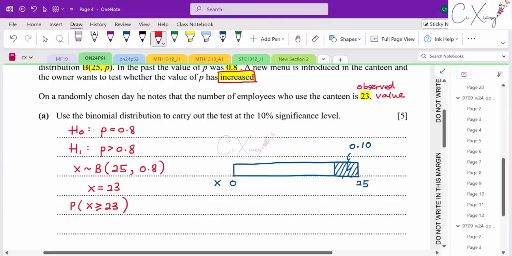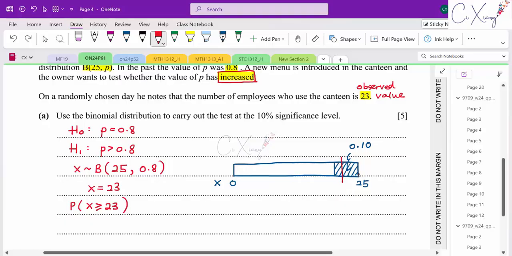If I have 23 here and the area more than 23 is smaller than the rejection area, it will look something like this. I'm drawing the red square here because it denotes the whole area for x greater than or equal to 23. So I can compare this area with the rejection region, the shaded area.